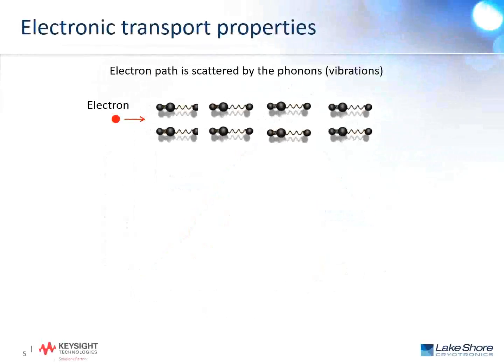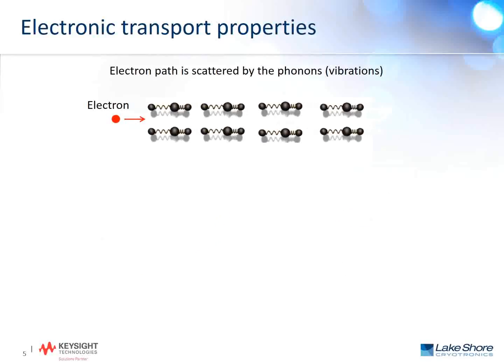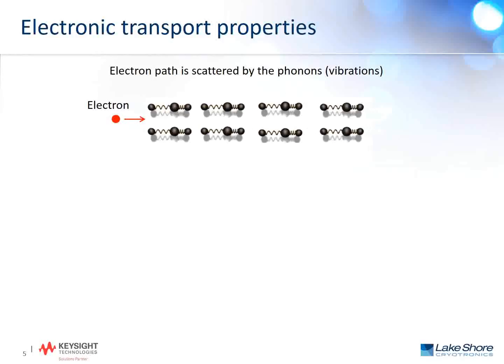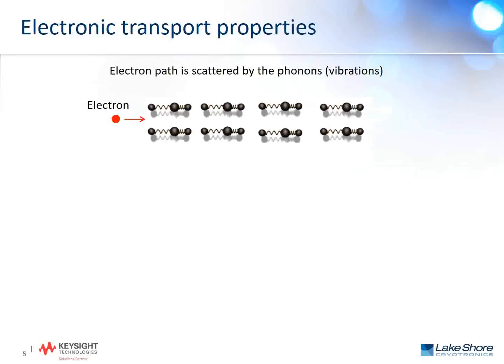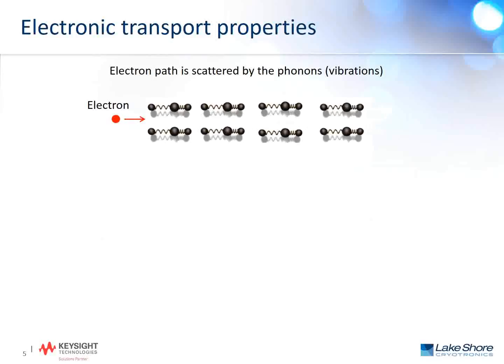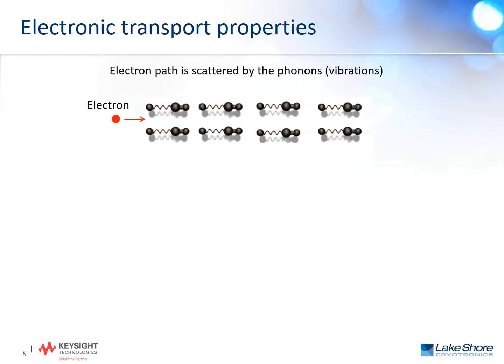I'm a big fan of physical pictures and getting a microscopic view of what's happening inside of materials and other physical systems. What we're looking at here is a little animation of an electron traveling through your favorite semiconductor material. As it travels through the semiconductor, the electron is in the presence of a lattice, and that lattice is vibrating, and the vibrations are tied to the temperature of the material.